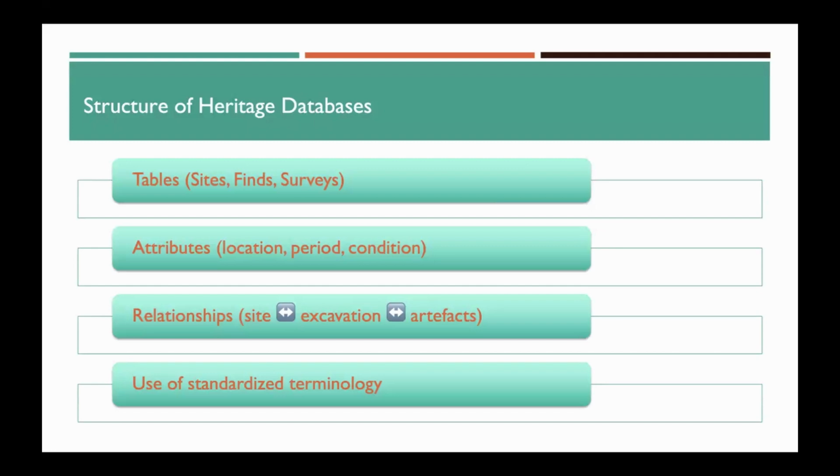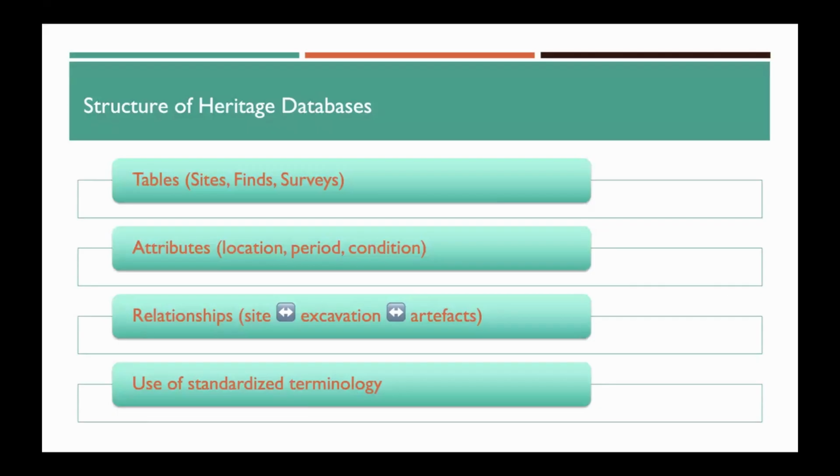Another major development is the integration of spatial data. Modern heritage databases are often designed to work directly with GIS platforms, allowing each record to be linked to geographic coordinates and spatial layers.